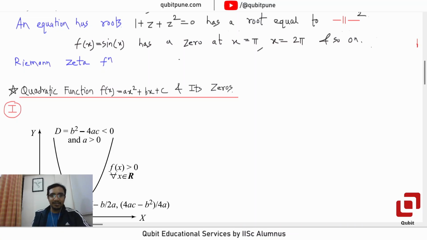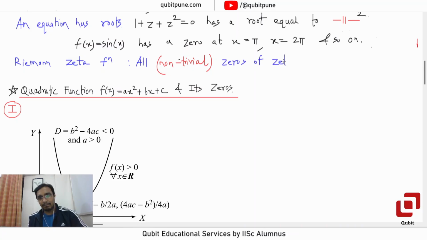There is a hypothesis related to it called the Riemann hypothesis, which says that all non-trivial zeros, non-trivial meaning non-obvious, of the zeta function have real part 1 by 2.